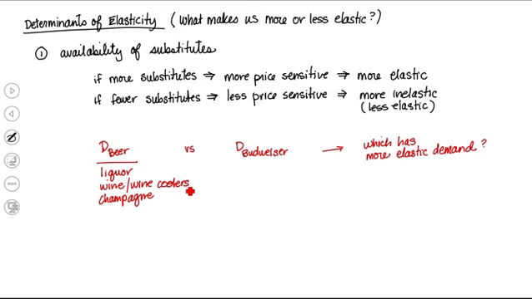What are the substitutes for Budweiser beer? Ah, so Bud Light. What are the other close substitutes? Miller. Michelob. Keystone.